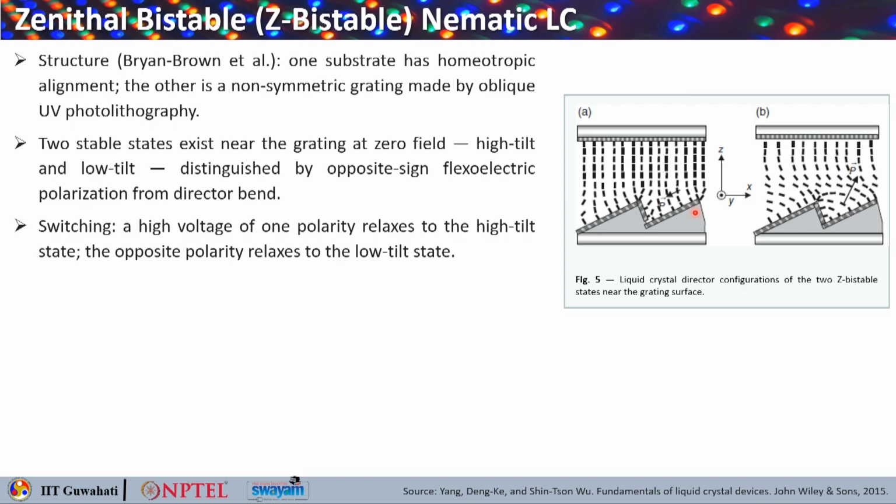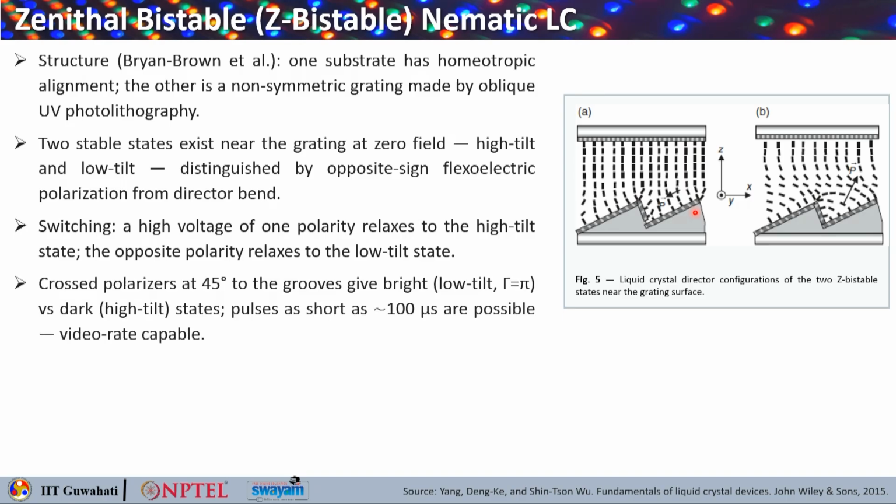So how does the switching take place? A high voltage of one polarity relaxes to the high tilt state. The opposite polarity relaxes to the low tilt state. So the cross polarizer at 45 degree to the grooves will give you the bright state.